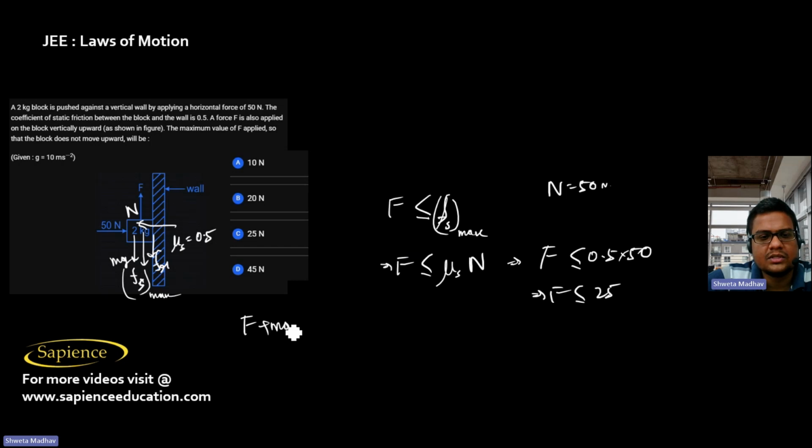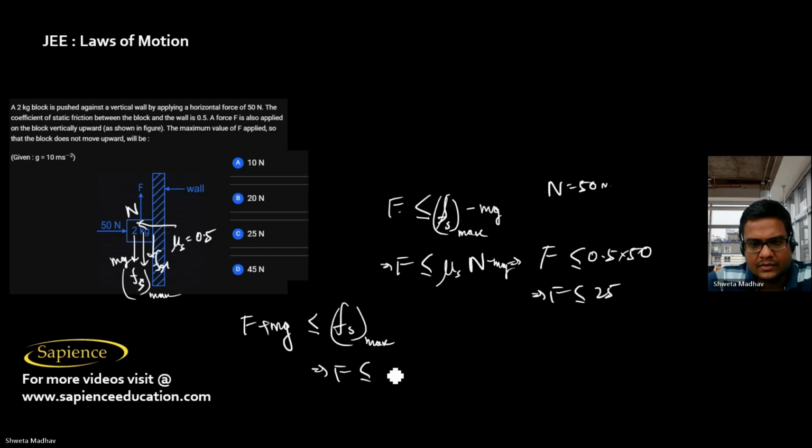F plus mg should be less than or equal to the maximum static frictional force. This is wrong, this should be minus mg. So F should be less than or equal to Fs max, that is 25.